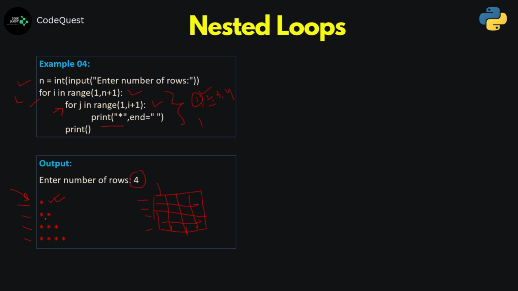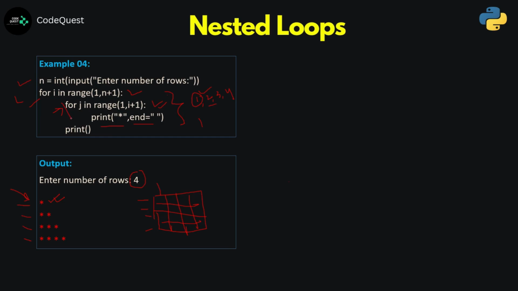But further on, whenever multiple asterisks are required, if after each asterisk printed we immediately get a new line, that is not going to give the result we are looking for. Hence, here we have written the print statement where I am printing the asterisk followed by end with a space. So I do not want a new line after printing the asterisk.